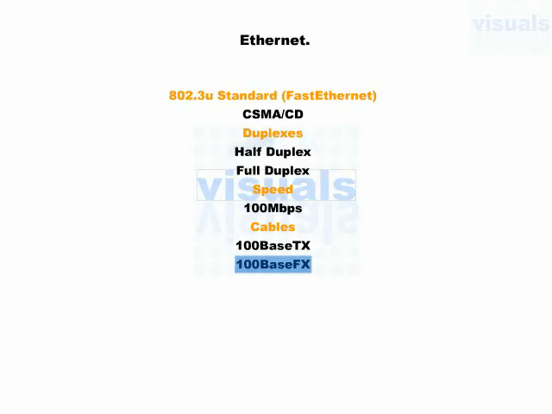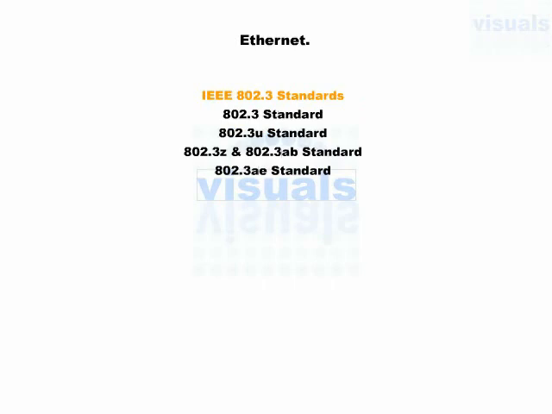The cable length could be up to 2 kilometers for full duplex and 400 meters for half duplex connection. Well, with this we have finished 802.3U standard discussion.